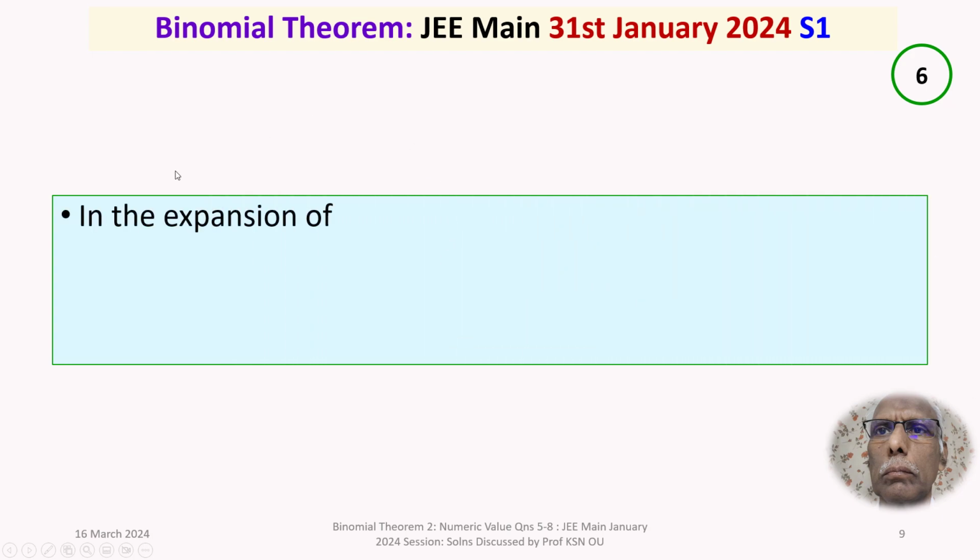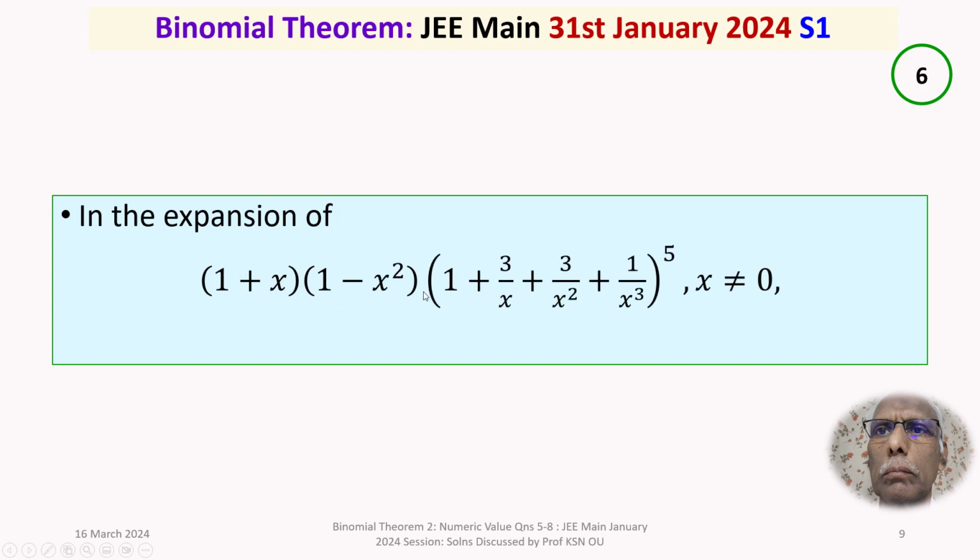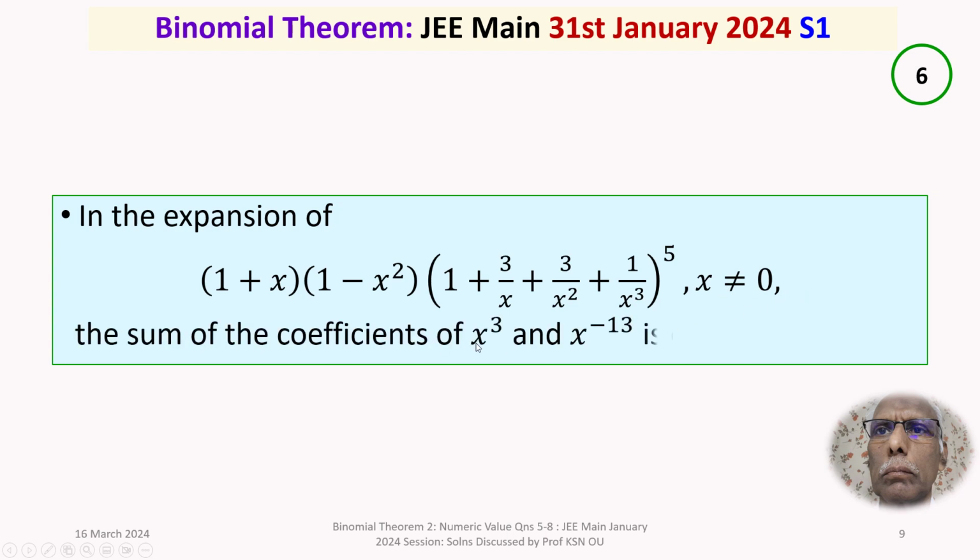The question is: in the expansion of (1+x)(1−x²)(1+3/x+3/x²+1/x³)^5, x not equal to 0, the sum of the coefficients of x³ and x to the power of −13 is equal to.